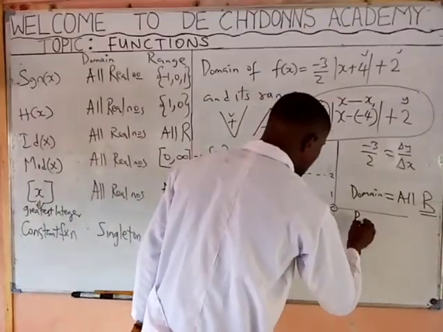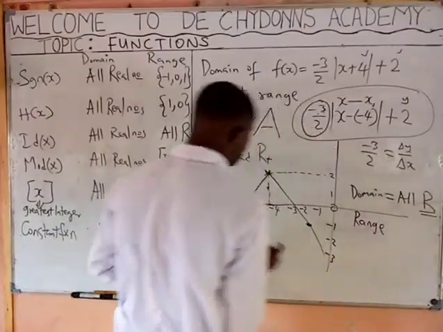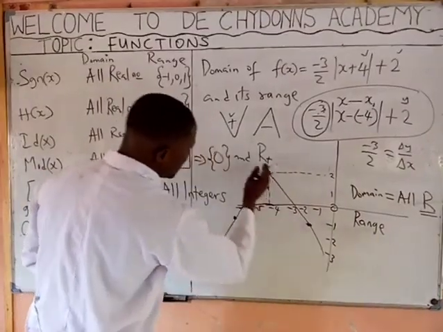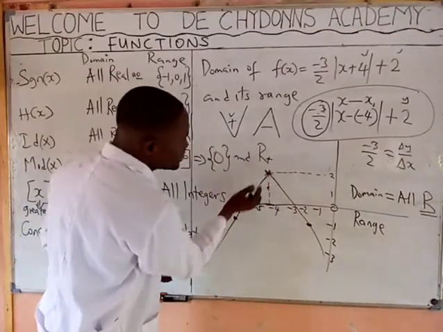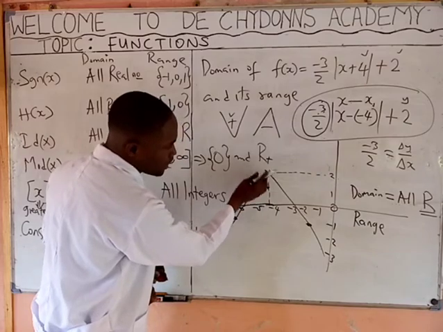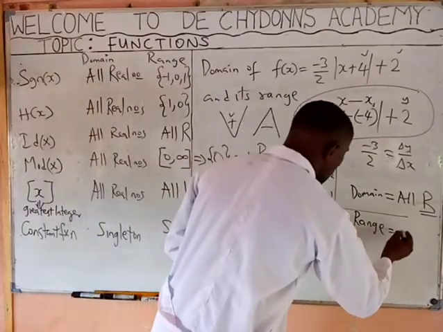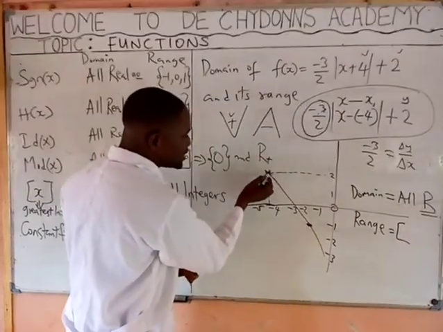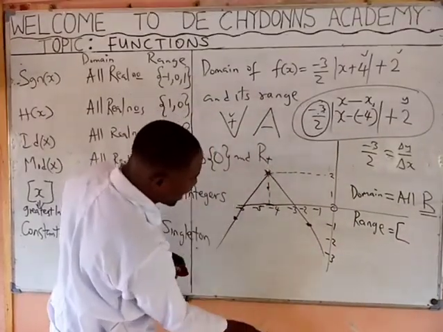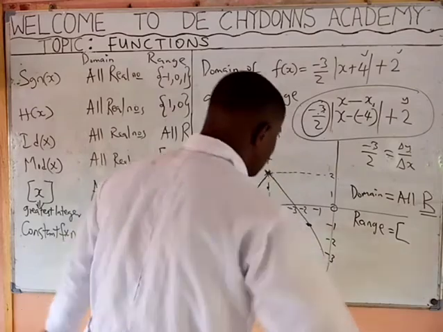Now, what is the range? You can see that this has a shape like this. It means that it moves from this point and moves towards the negative y-axis. So the range will be equal to, at which point did it start moving towards negative y-axis? It opened towards negative y-axis.